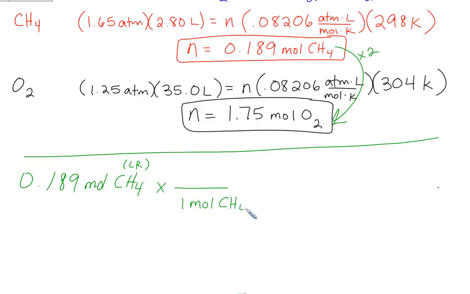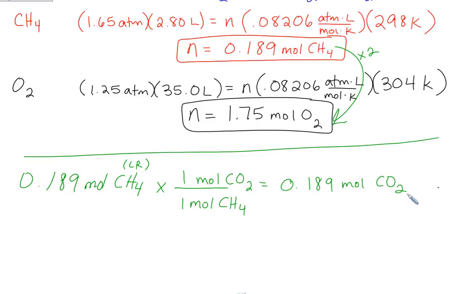1 mole of methane to 1 mole of carbon dioxide gives me 0.189 moles of CO2. Now you might be thinking, I knew that. Would I have had to show that work? Not necessarily, as long as you showed the balanced equation. If you showed the balanced equation, it would be understood that it's a 1-to-1 ratio between the methane and the carbon dioxide.